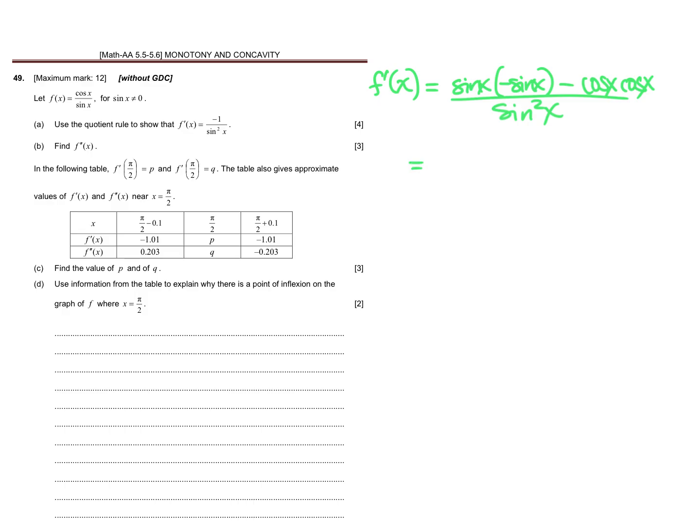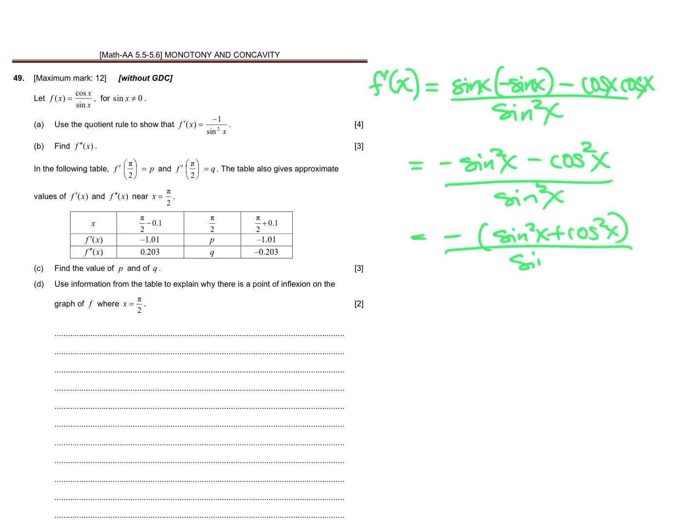All right, so we're going to have negative sine squared x minus cosine squared x over sine squared x. So if we take a negative out, that's sine squared plus cosine squared, which is 1. So that is A.